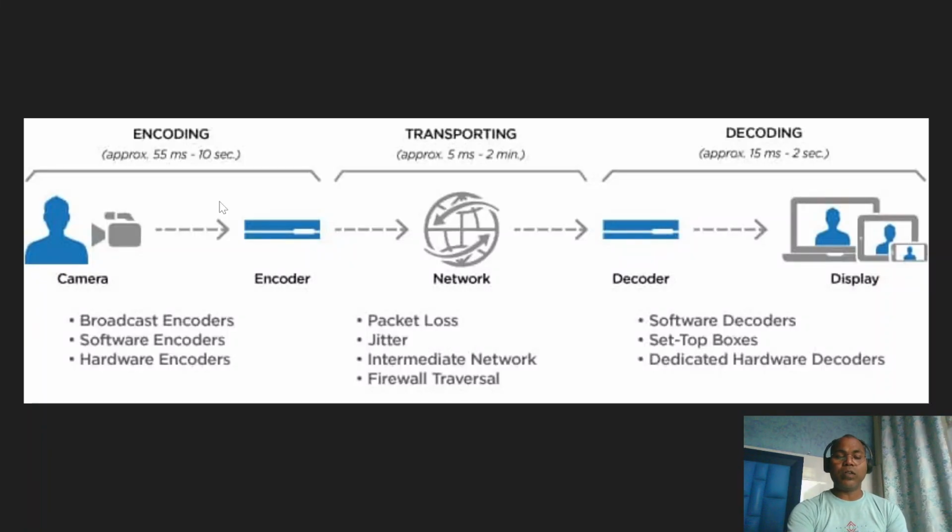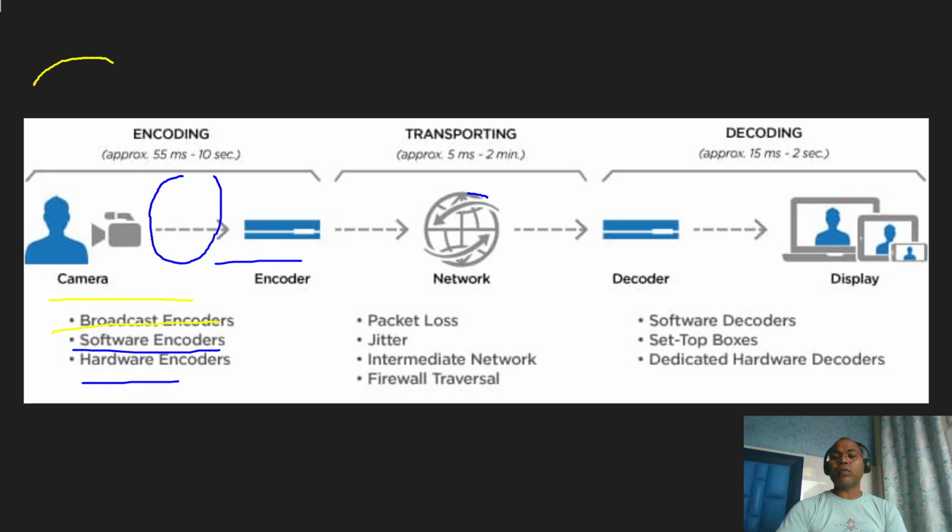A good example is a video call or conferencing call, wherever you are doing it. Lots of timing has to be considered. When video conferencing is going on, lots of encoders are involved: broadcast encoders, hardware, software, and lots of encoding channels. Then there are your networks, and how many networks the traffic goes through over the internet.